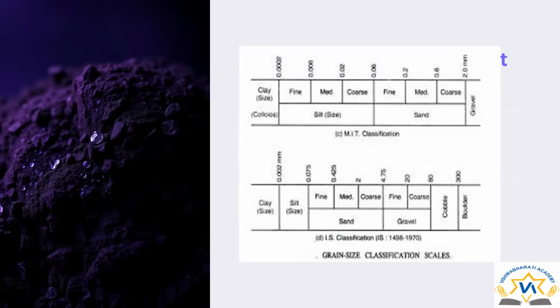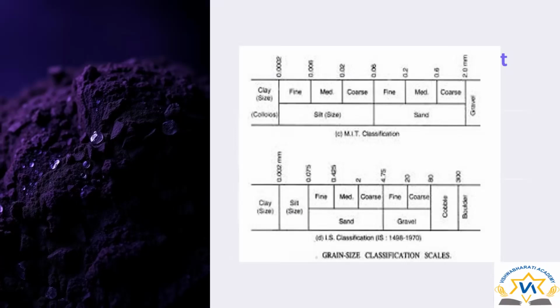It is called clay size. Next is silt. Silt is less than 0.075 mm. We call this silt type soil.